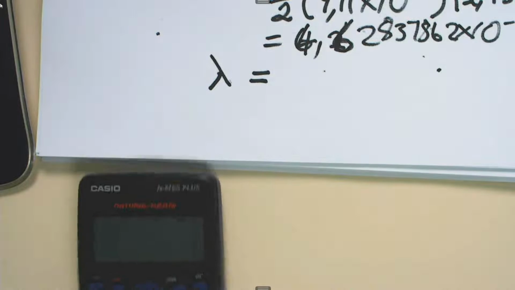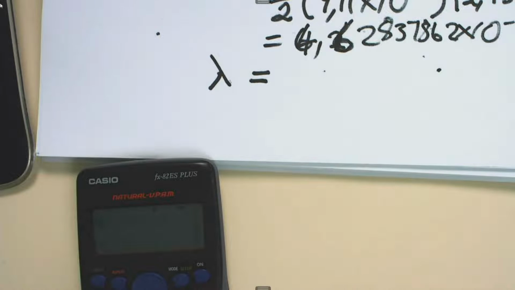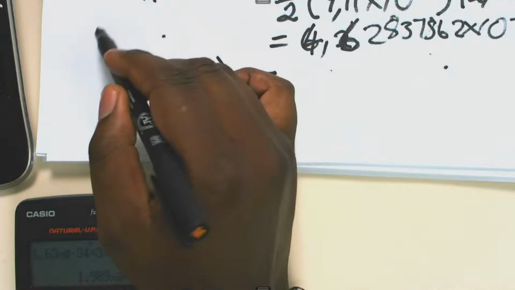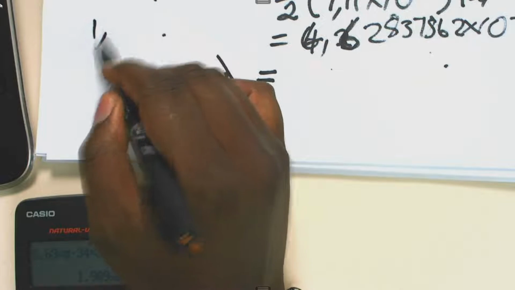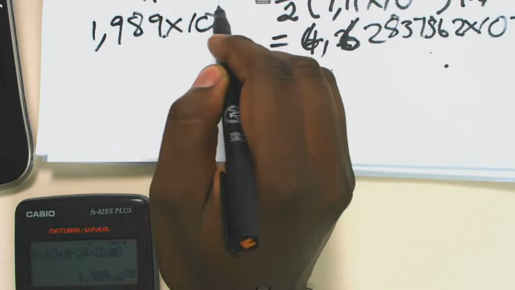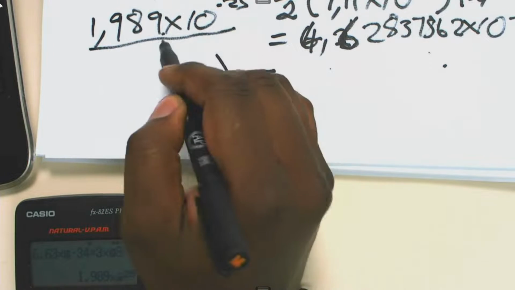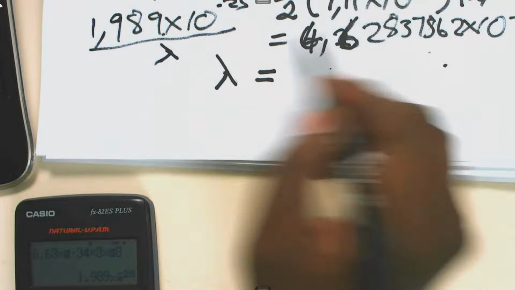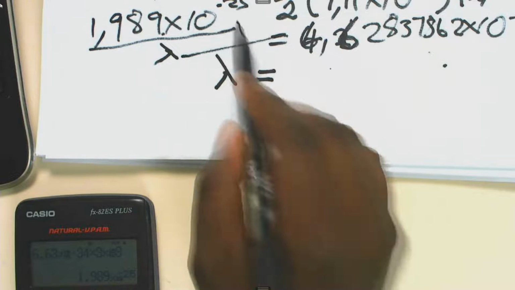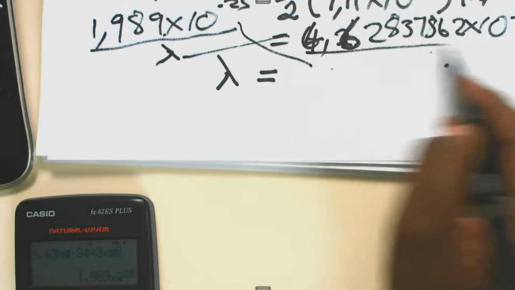Then doing a calculation on the left hand side, it will be 6,63 exponent minus 34 multiplied by 3 exponent 8, then it gives us 1,989 times 10 to the power minus 25. This is over the wavelength. So when you do your cross multiplication, this one is divided by 1 here.